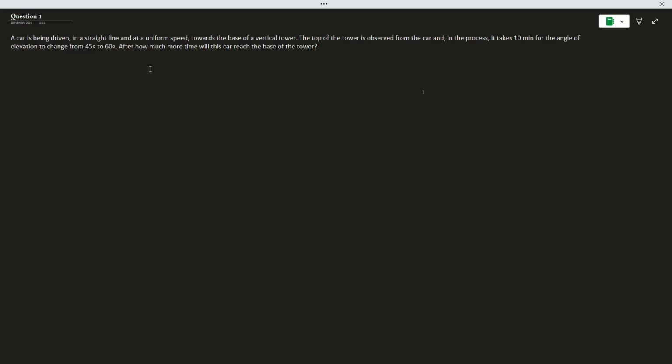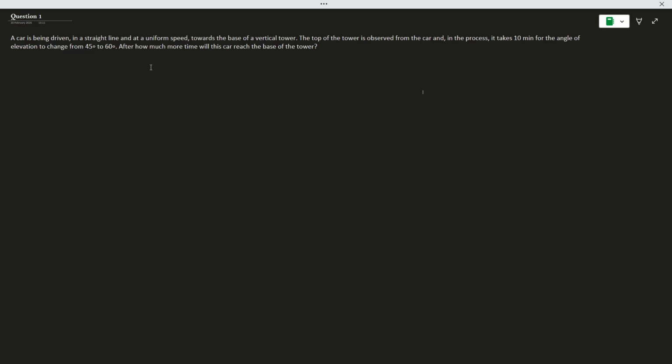There is a car which is being driven in a straight line at a uniform speed, traveling towards the base of a vertical tower, and the top of the tower is observed from the car. It takes 10 minutes for the angle of elevation to change from 45 degree to 60 degree.